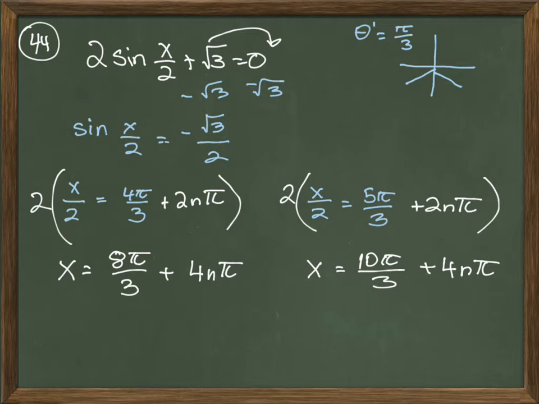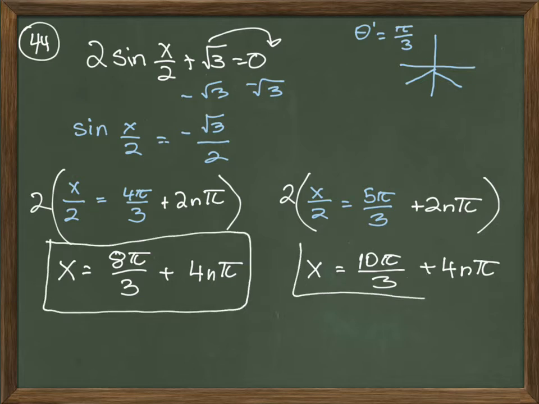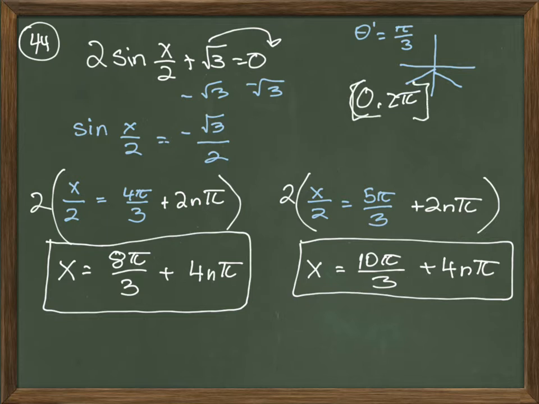And again, there was no restriction here, so you would be done. Now, if you had to find more angles from 0 to 2 pi, in this case, you would multiply by 2, and you would have to stop at 4 pi. Just trying to erase it. There you go.